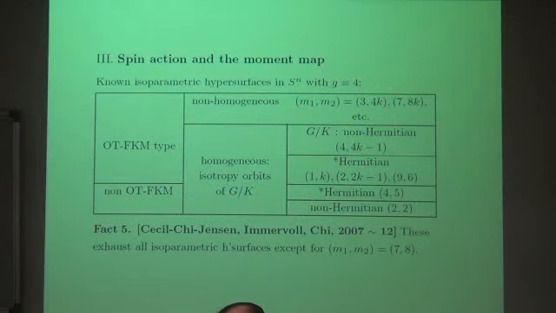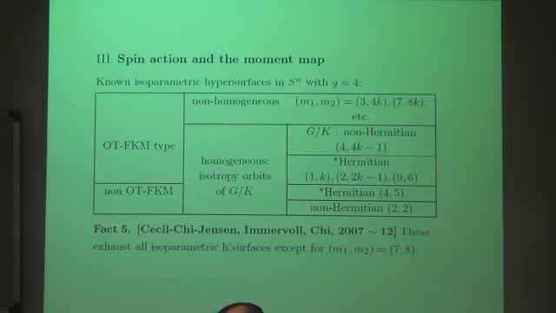Then Quo-Shin Chi studied for about 5 years, and he could settle 3 of the 4 cases. So now the only remaining case is m1 equals 7 and m2 equals 8, just 1 case. Except for this case, the isoparametric hypersurfaces with 4 principal curvatures are classified and included in this table.